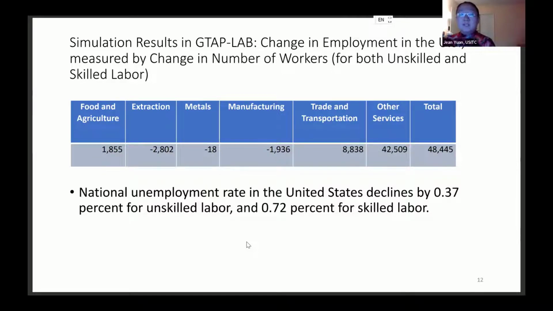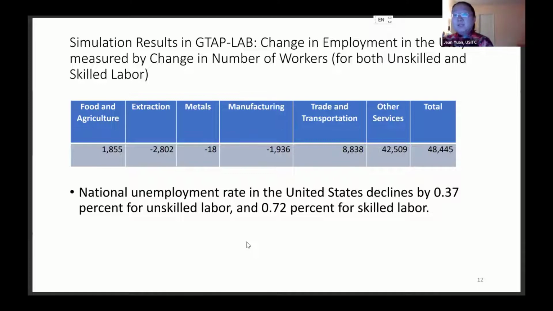As you can see here, employment increases in the food and agricultural sector by like 1,555 workers. That's because of the big EU tariff liberalization against US food and agricultural exports.